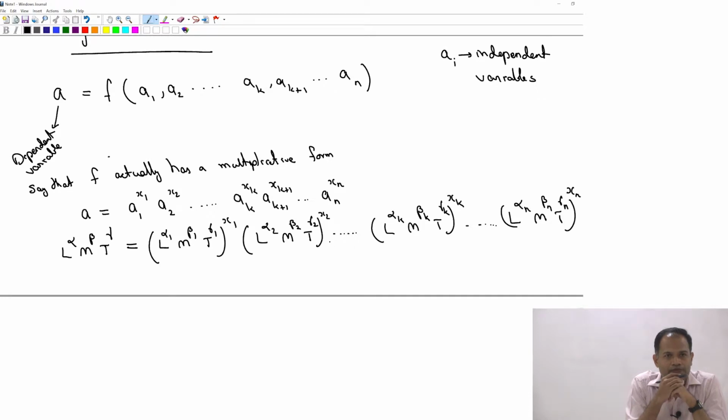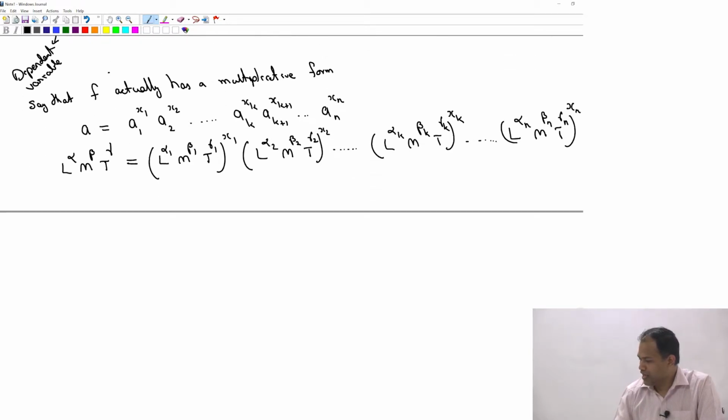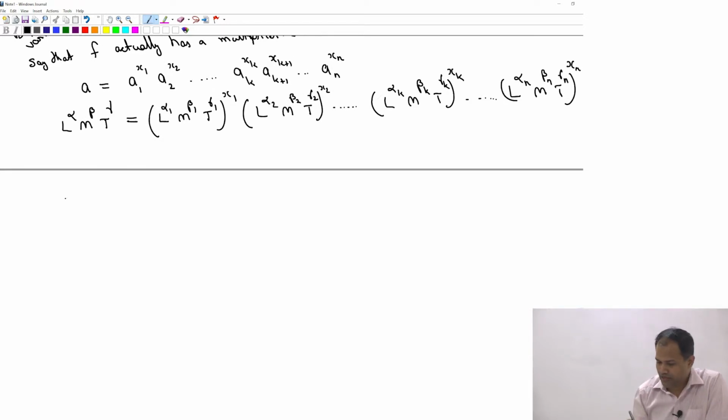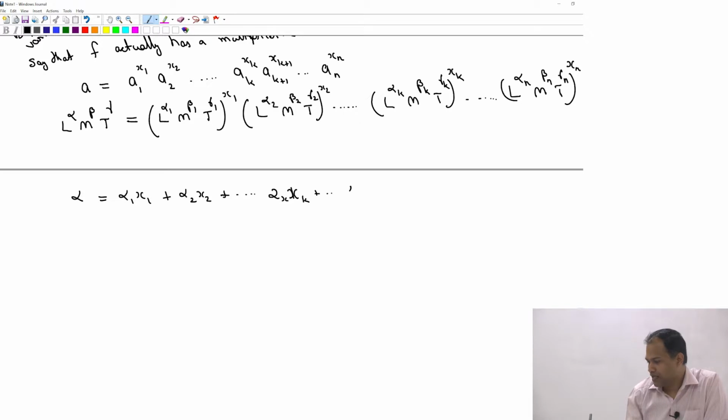That's okay. And the thing that I'm going to do is equate the powers for each of the dimensions. If I equate for length, I'll find that alpha is equal to alpha 1 x1 plus alpha 2 x2 and so on, alpha k xk, alpha n xn.